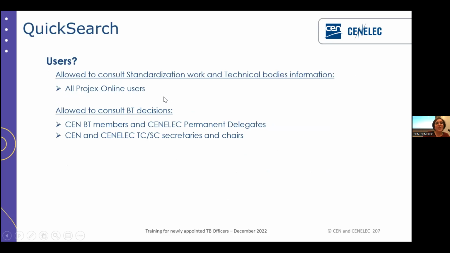Anybody having access to Projects Online can access this tool, at least for consultation on work items or on technical bodies information. Regarding the consultation of CEN and CENELEC BT decisions, this access is restricted to the CEN BT members and the CENELEC permanent delegates, and also to the CEN and CENELEC TC and subcommittee secretaries and chairs.